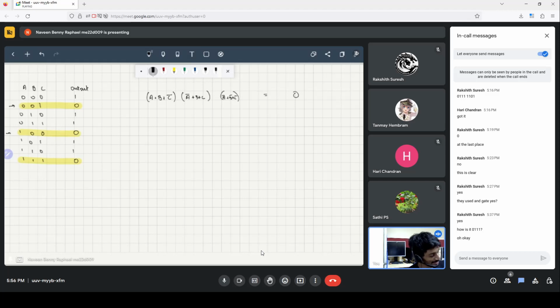But as you see, in the case of writing this as a product of sums, this is evident. We are taking a product of 3 terms, and each of the terms is a sum.